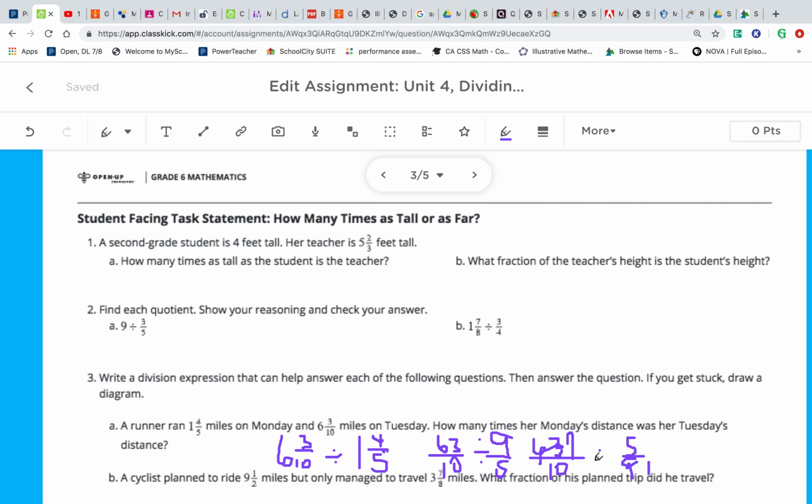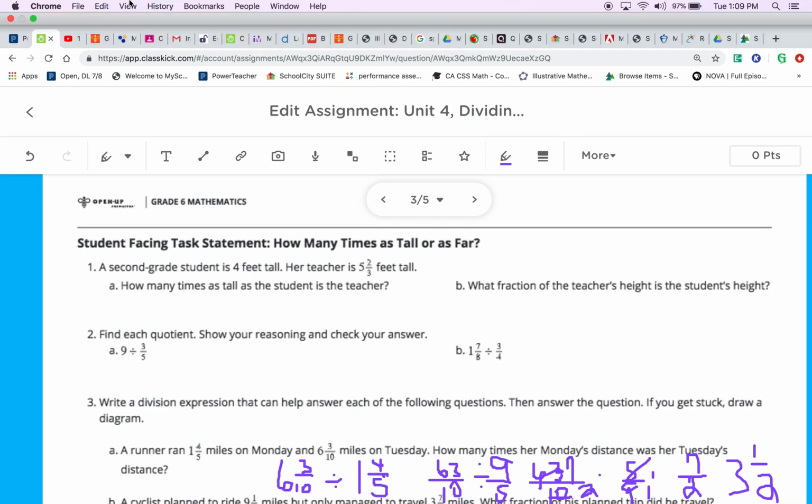And 5 and 10, this is going to become 1 over 2. So we have 7 times 1, which is 7, over 2 times 1, which is 2. So if you have 7 over 2, 2 goes into 7 3 times. You're going to have a remainder of 1 over 2. So 3.5 would be your answer there.